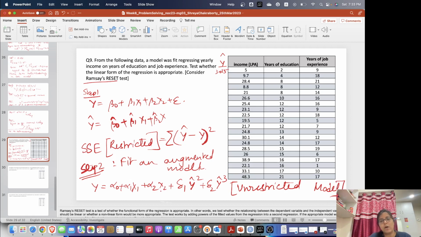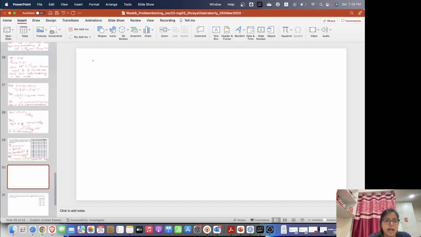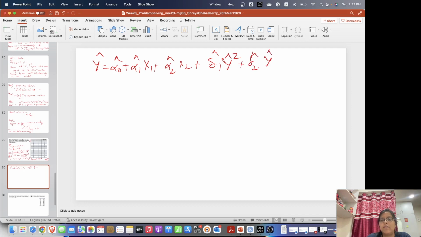Once we fit this unrestricted model using the OLS technique, we would have y hat as alpha naught hat plus alpha 1 hat x1 plus alpha 2 hat x2 plus delta 1 hat y hat square plus delta 2 hat y hat cube, and so on. This would be my fitted equation.